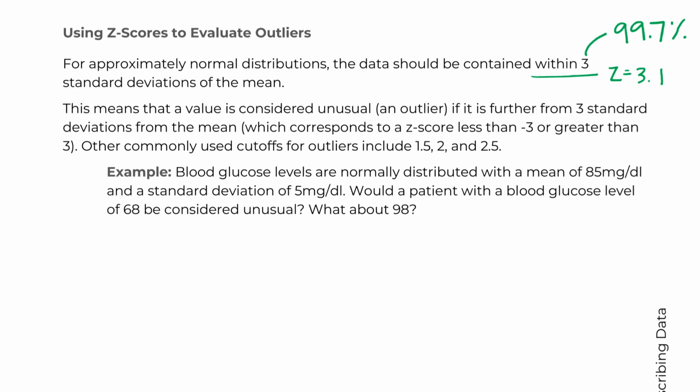So we can use z-scores to see if something is unusual. Now, the cutoff for unusual can vary. Some people will use a z-score of 2 because, remember, based on the empirical rule, that's where 95% of our data is. So again, pretty dang unusual if you're outside of that 95%.